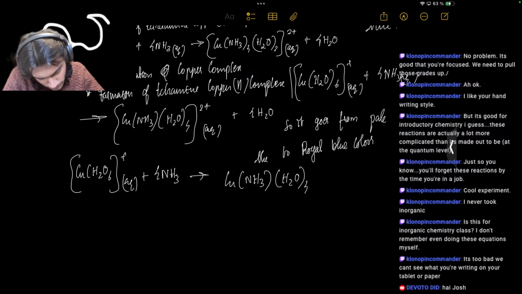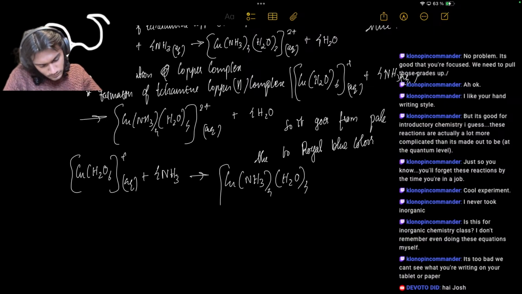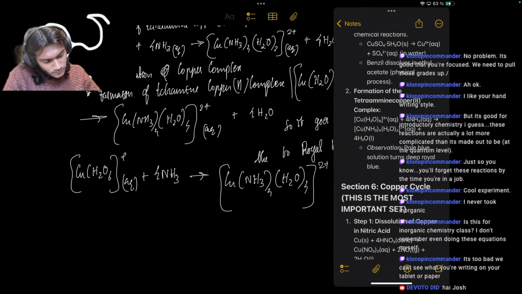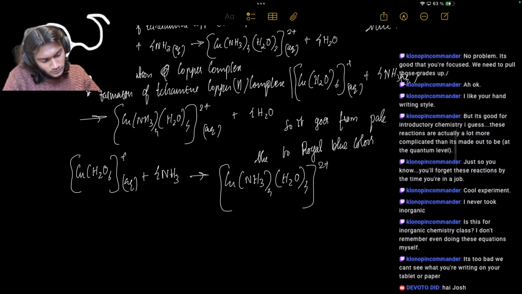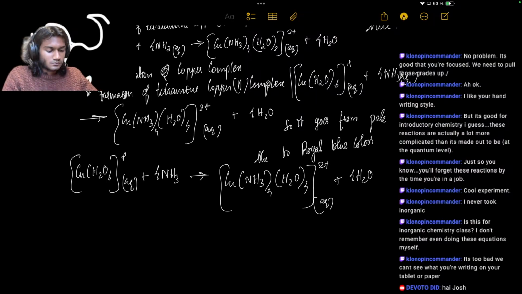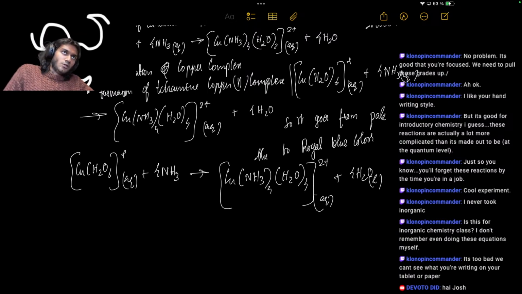Where is it? Two plus. So it is the formation of tetraamine copper 2 complex.